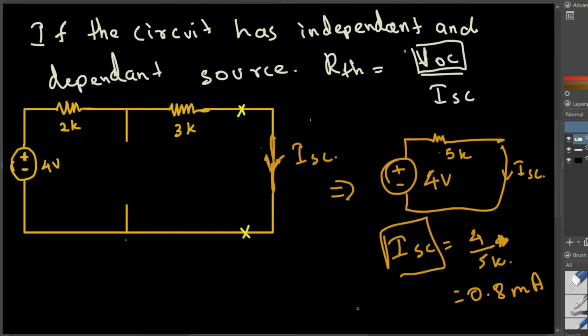So we can calculate RThevenin, because when we have an independent and dependent source, the RThevenin is equal to VOC divided by ISC. We know both of the values, we just have to plug it in. RThevenin is going to be equal to 8 divided by 0.8 milliampere. That's going to be equal to 10,000 ohm.